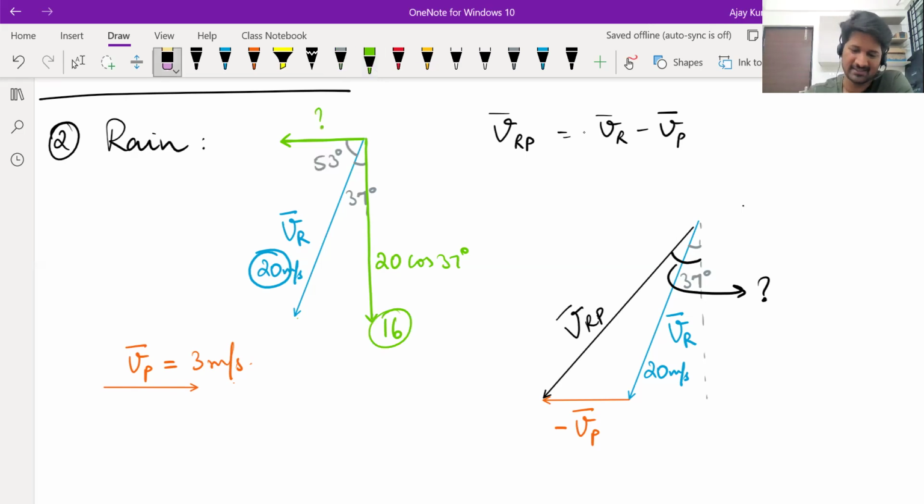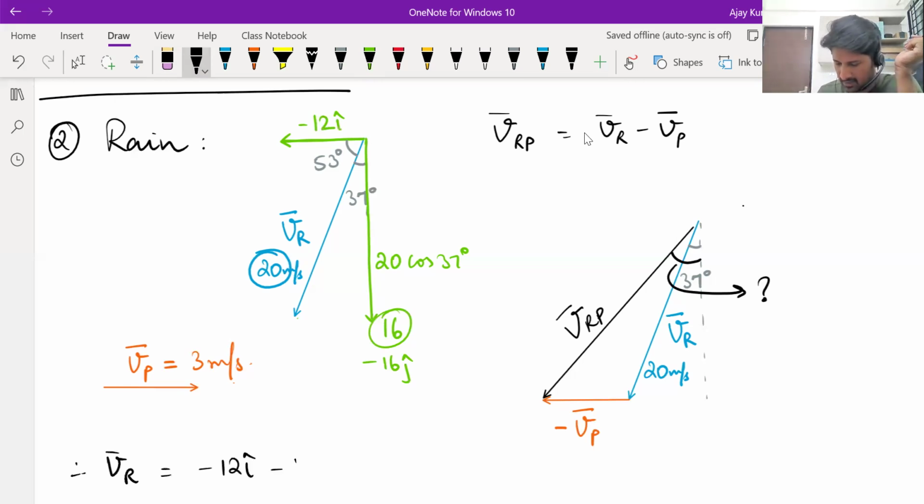Is that in the positive y direction? Negative i cap, negative 12 i cap. Its magnitude will be 12. 20 cos 53. 20 into 3 by 5 becomes 12. This is minus 12 i cap. And this 16 actually can be written as minus 16 j cap. Therefore, in this case, the rain's velocity itself is minus 12 i cap minus 16 j cap meters per second.